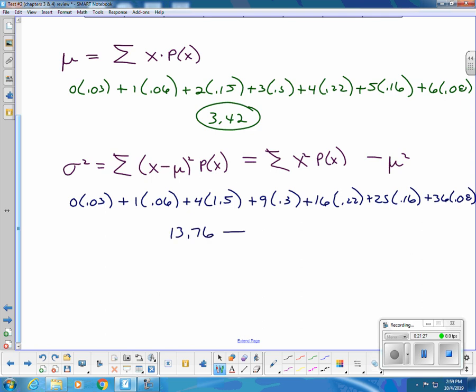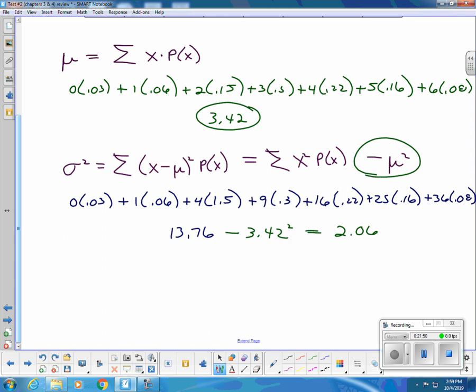And then we got to subtract the mean, which is 3.42 squared. Let's put that in a different color. So this part here, we're subtracting. So our standard deviation is 2.06.